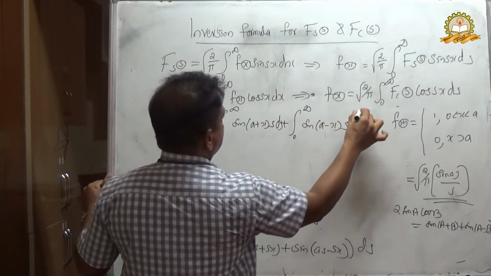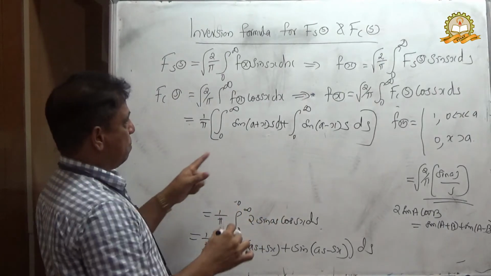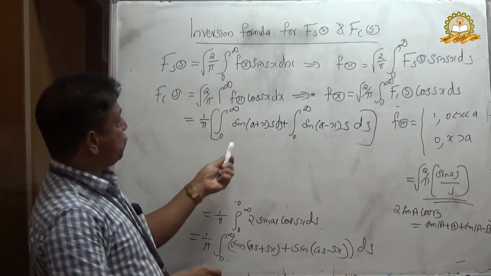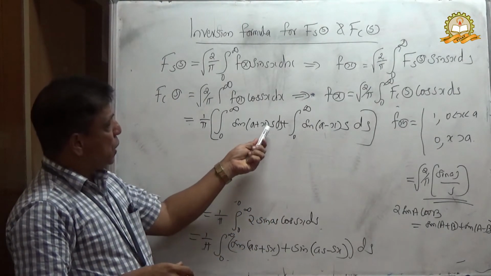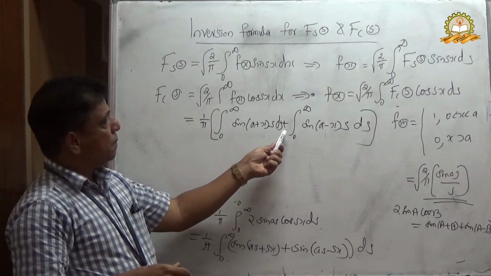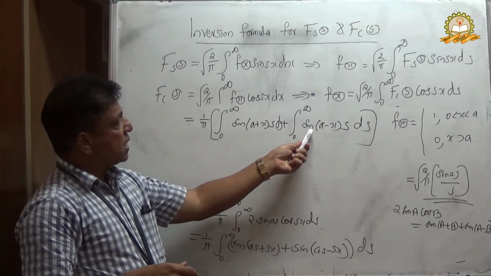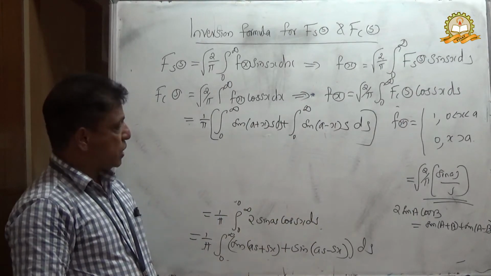We split into two terms. The first term is integral 0 to infinity sin (a plus x) s ds, plus integral 0 to infinity sin (a minus x) s ds.